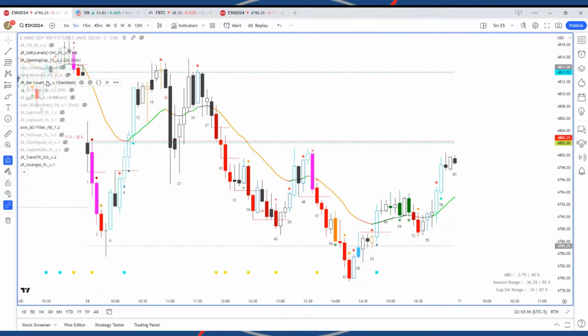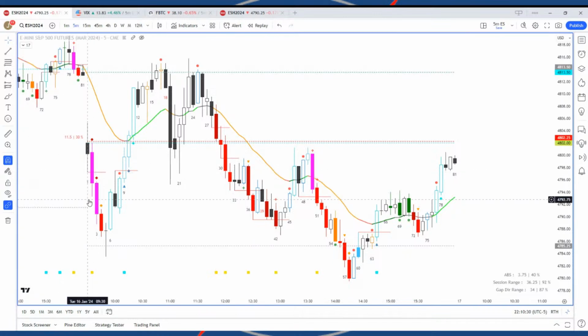I think I have the gap indicator loaded. Yeah, so the gap here, which is part of this channel. So that would, under non-opening range or opening breakout conditions, be a high probability trend resumption signal.